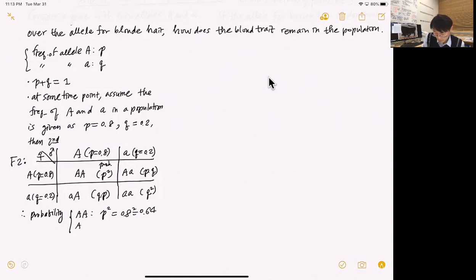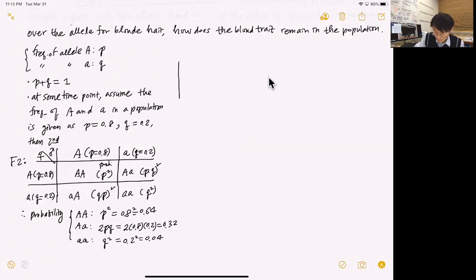The heterozygous one, large A small a, has one PQ and one QP, so that's 2PQ, which is 2 times 0.8 times 0.2, or 0.32. And the probability of genotype small a small a will be Q squared, which is 0.2 squared, or 0.04. You can see the sum would be 1.